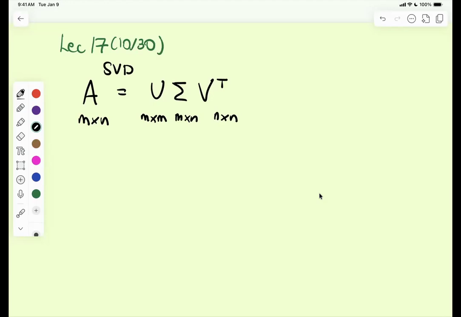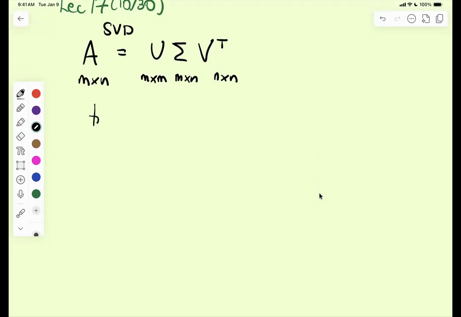There's an equivalent way of writing it, which is called the truncated SVD. You can understand it if you write a matrix in terms of tensor products, because basically what the SVD gives you, we have talked about this before, is a decomposition of the matrix as a sum of tensor products, right?